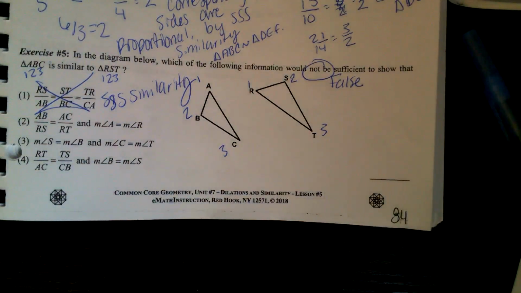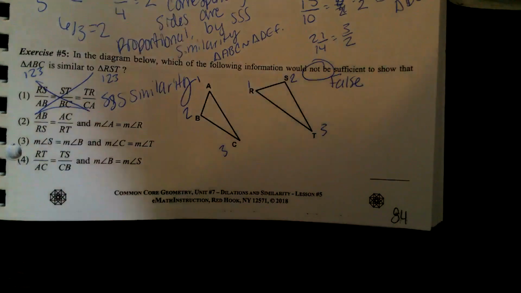All right, so let's look at number 2. AB over RS is equal to AC over RT, and the measure of angle A is equal to the measure of angle R. So let's again draw it out and talk about it.